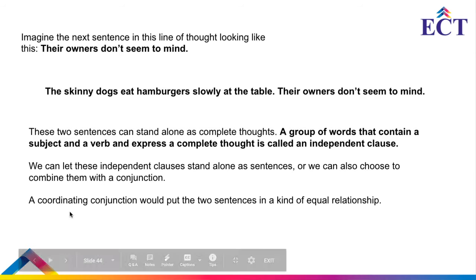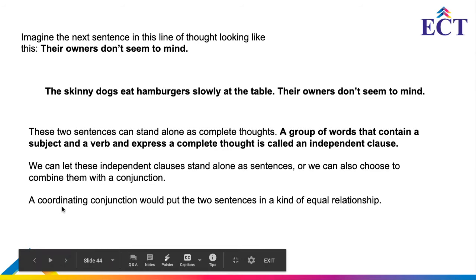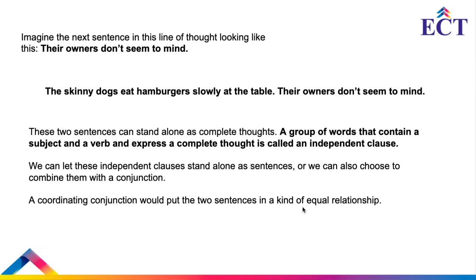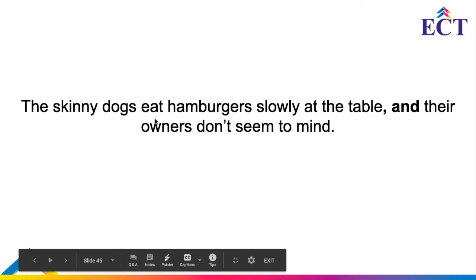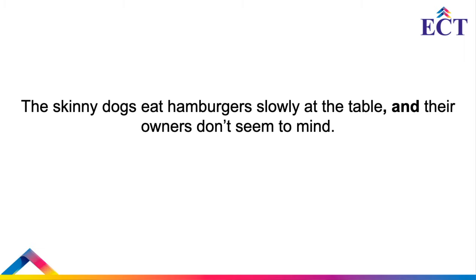And now here we just saw the coordinating conjunction. In this particular case, a coordinating conjunction would put the two sentences in a kind of equal relationship. When I say equal relationship, it means both are independent of each other, they're not dependent. So: the skinny dogs eat hamburgers slowly at the table and their owners don't seem to mind.